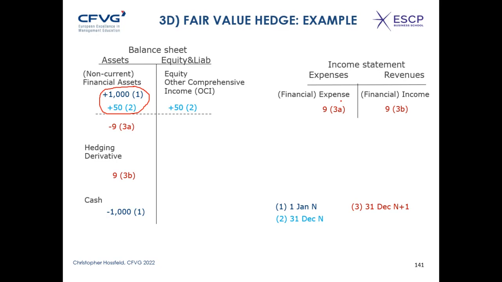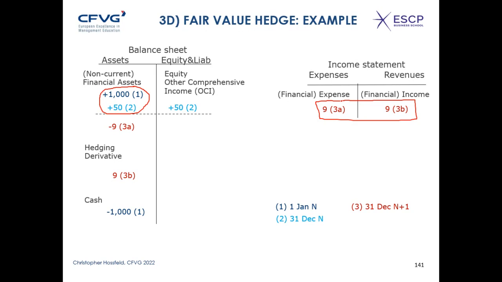So that means here, obviously, we see that we have a perfect hedge because the gain and the loss of the hedged item and the hedging item perfectly match. And as we can see here, there is no impact on the income statement. Impact on the income statement is 0. And since here we have apparently a perfect hedge, this impact of 0 would continue.